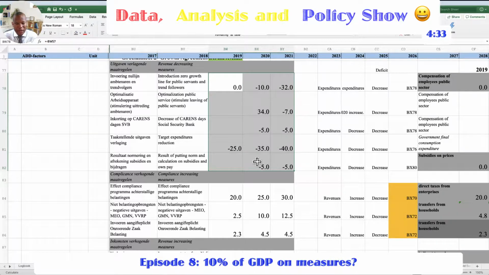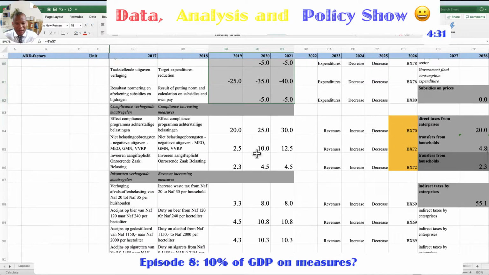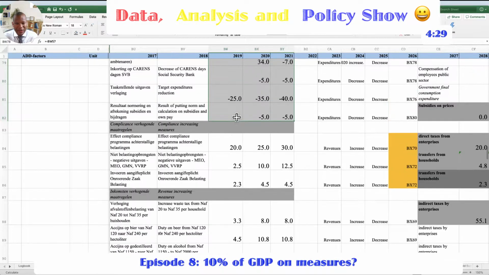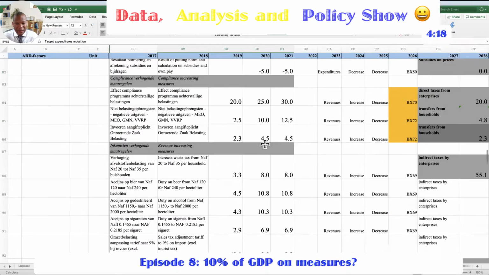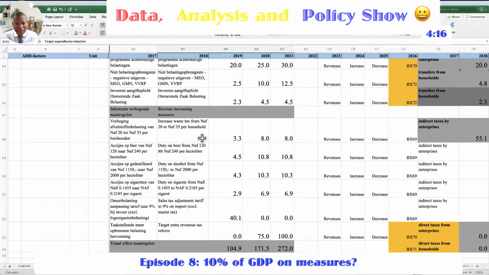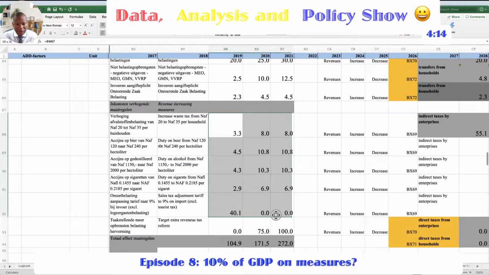Okay, so all those things are decreasing of the expenditures, maybe the salaries of the public servants, and expenditure reduction. And then you see here the revenues increasing, so a lot of revenue increasing. As a business owner and an investor, you know that these are tax increases.